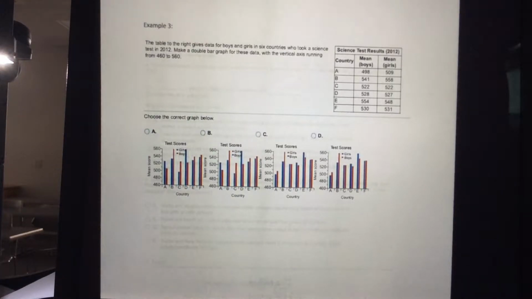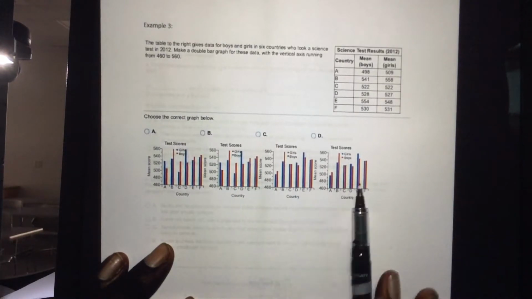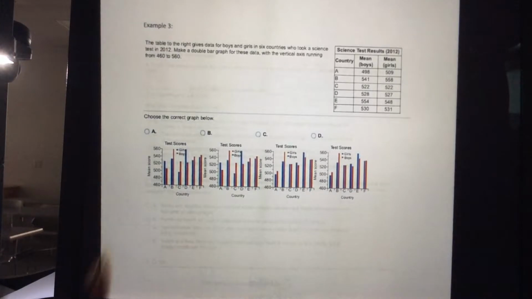Okay. In this case here, this is what the table looks like, and you'll be given a choice of graphs that would fit that particular table. Now what I'm going to do here is use what they call process of elimination to determine which one fits that particular graph.